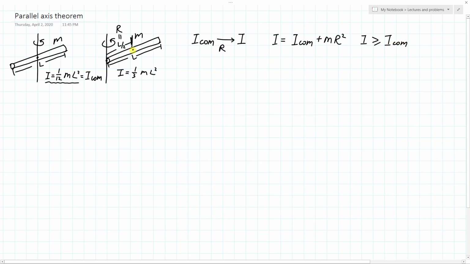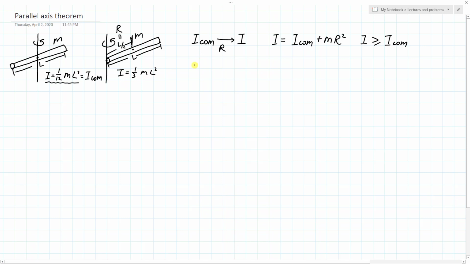So as long as you move away from the center of mass, your rotational inertia will increase. Your distribution of mass will cause you to have a larger amount of resistance to rotational acceleration, to torque, and a smaller amount of rotational acceleration. So this is qualitatively speaking. Quantitatively speaking, let's calculate this as an example.